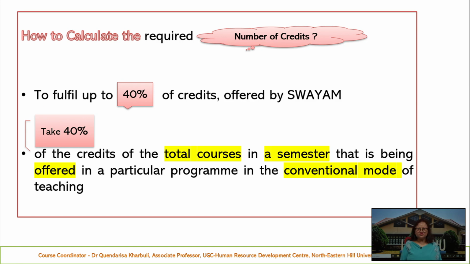So you need to be aware of how many papers are being offered in the conventional mode of teaching per semester, and what is the credit being offered for each semester in the conventional mode.